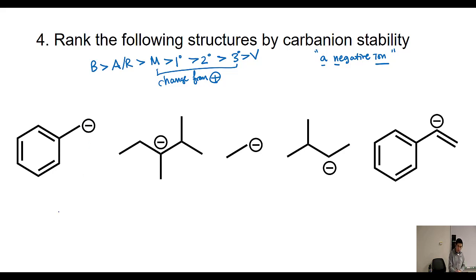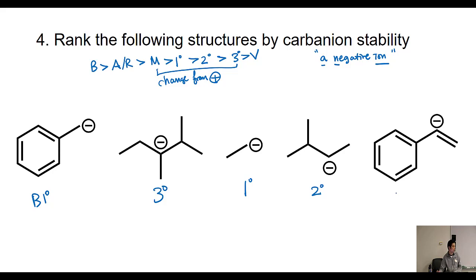So here I have a what position? Benzylic primary. Here I have a tertiary. Here I have a primary. Secondary. This is both benzylic and vinylic, but it cannot be benzylic because the double bond is right next to it.